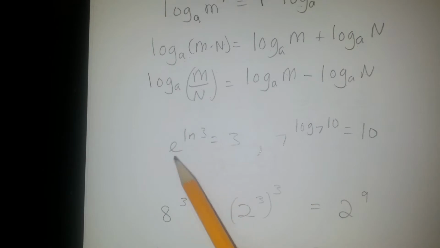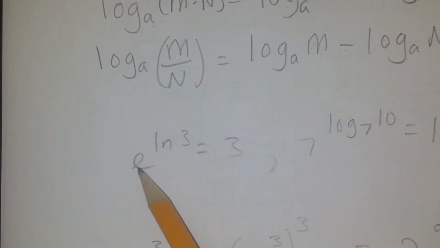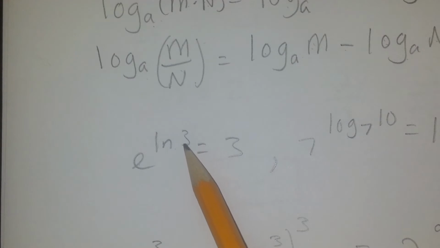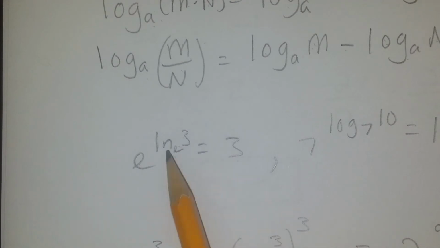Here's another one we have. Let me zoom in here a little bit. When I've got a base and the exponent is a log, this is the natural log, your answer is just whatever you're taking the log of. Remember, natural log is base e. So this says, what is the exponent that e is raised to get 3? Well, I'm raising e to that exponent, so my answer is 3. That's the important point, that the base and this base are the same.